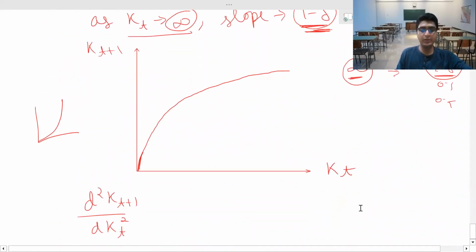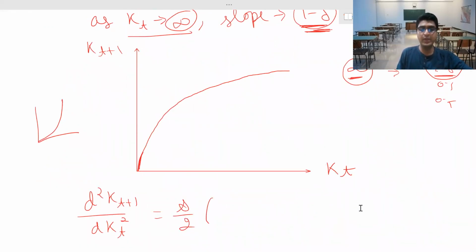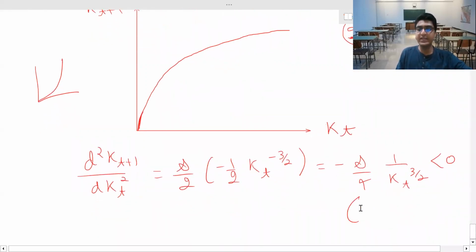Differentiating, we get s/2 as it is, which is a constant, times minus 1/2 kt to the power minus 3/2, which equals, taking the minus out, -s/4. I can write it as 1 upon kt to the power 3/2. Now s is positive, 4 is positive, kt to the power 3/2 is positive. There is a minus sign in front, so this thing is negative. So the second derivative is negative, which clearly means this has to be a concave function.